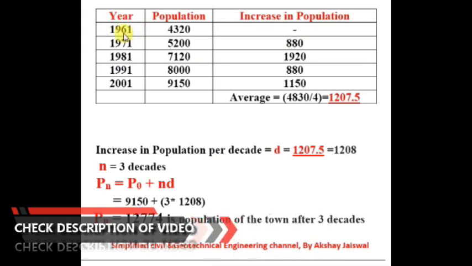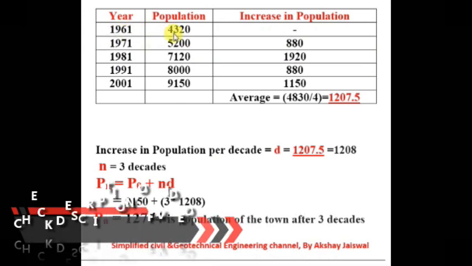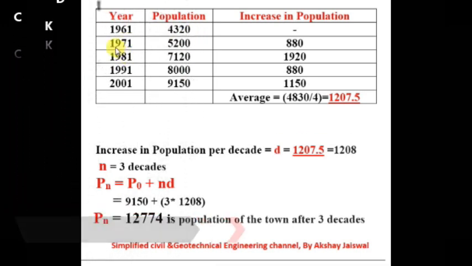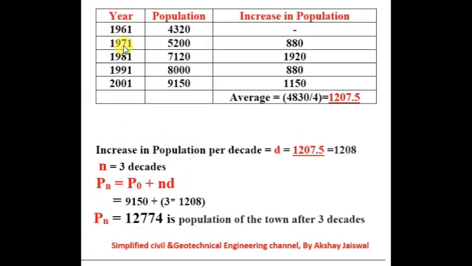In year 1961, population was 4320. In 1971, population is 5200. In this 10 years, in this one decade, we need to find the increase in population.